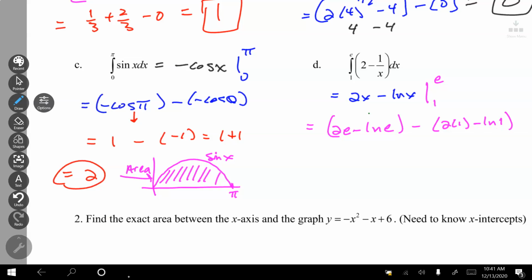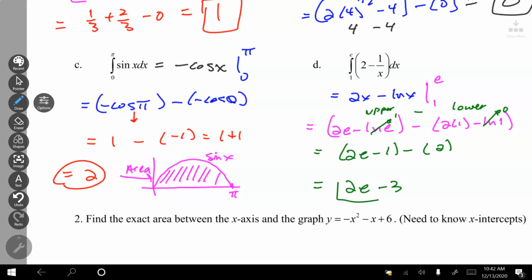That's my lower, so always upper minus lower. Well, ln of e is just 1, so it's 2e minus 1, minus, well, ln of 1 is 0 minus 2, and I get a final result of 2e minus 3. We'll put that in the calculator. You get about 2.4366.